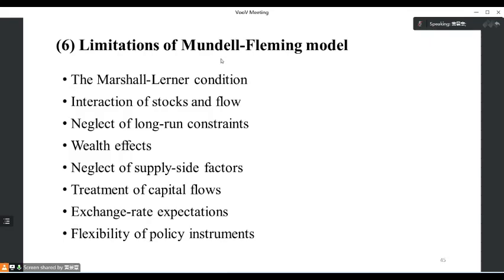Limitations of the Mundell-Fleming model. The Marshall-Lerner condition. Interactions of stock and flow. Neglect of long-run constraints. Wealth effects. Neglect of supply-side factors.